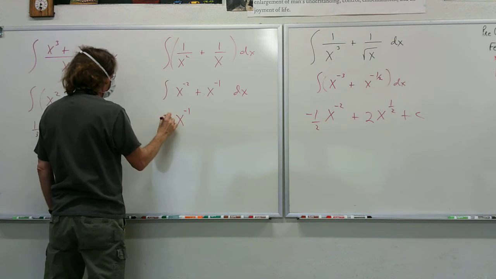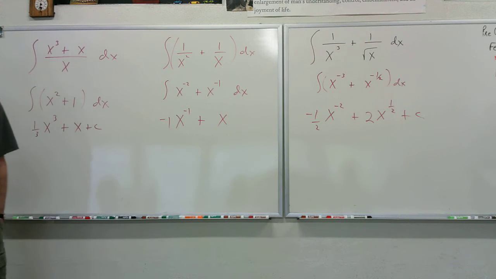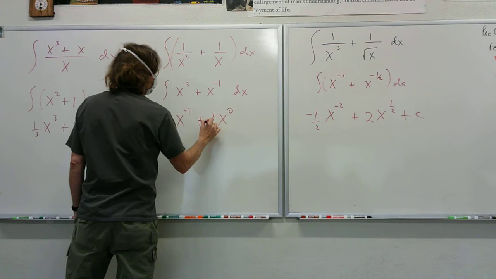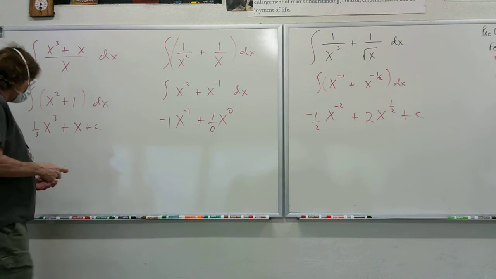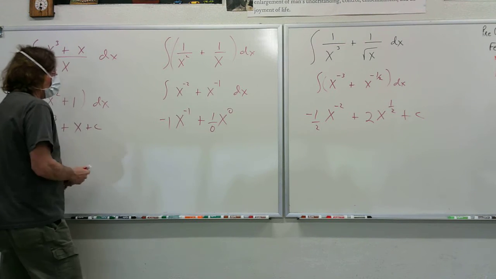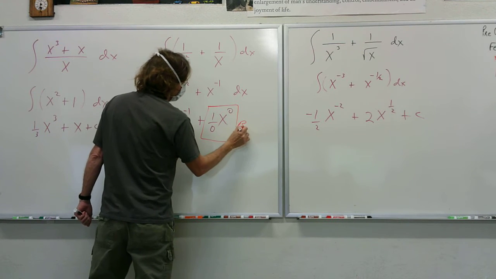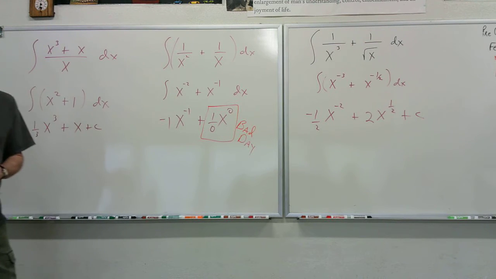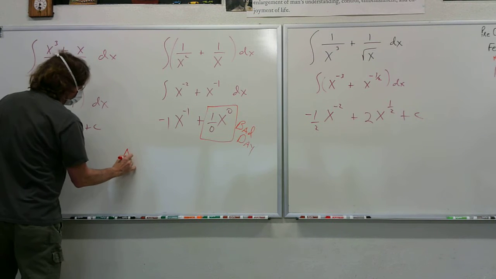Put the reciprocal out front, it's negative 1. Plus x. And we're going to add 1 to negative 1, and what are we going to get? 0. And if you put the reciprocal out front, you get 1 over 0. Bad. Bad day. Okay.